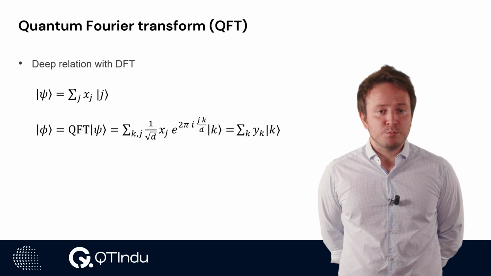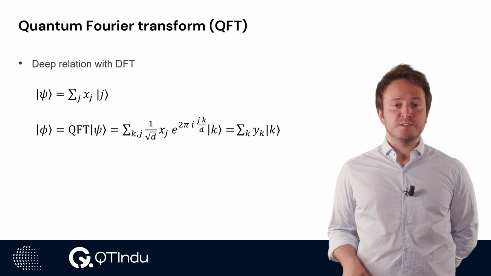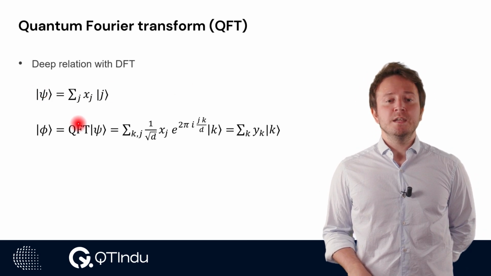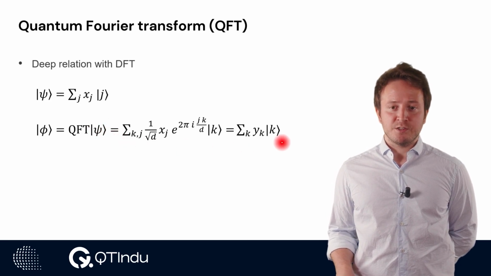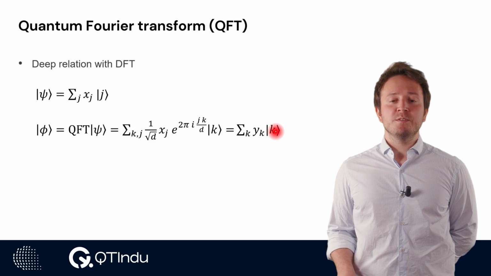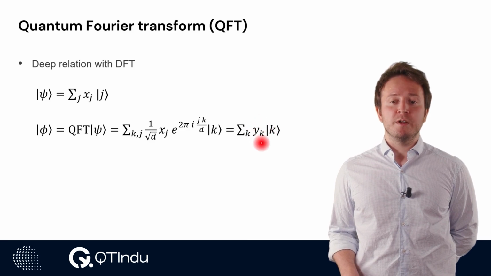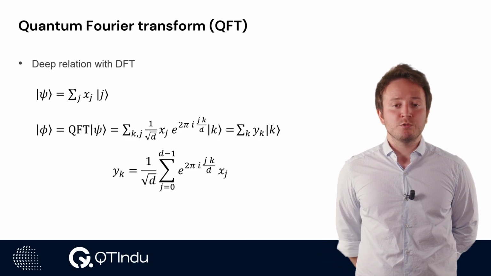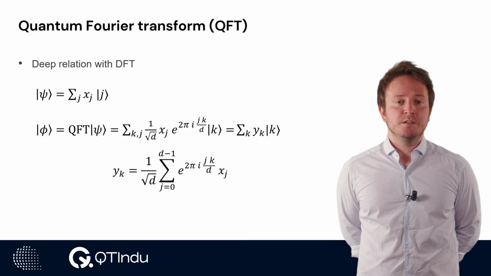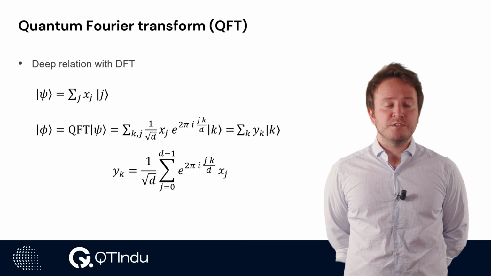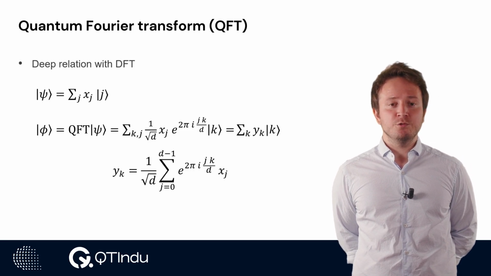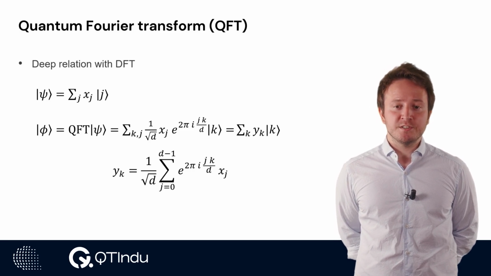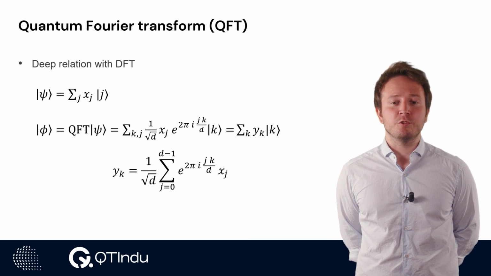Now, the Fourier transform of this state vector is just given by another vector in the same vector space, but with the basis functions that are now transformed. And in particular, the new coefficients are related to the old coefficients by the DFT. So essentially, the quantum Fourier transform of a vector is just a new state vector whose coefficients are the discrete Fourier transform of the old coefficients.